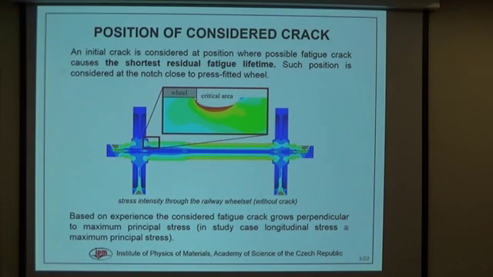This place is situated at the notch near the press-fitted wheel, where there is stress concentration, and additionally there is also additional load due to the press-fitted wheel. We assume that the crack grows perpendicularly to the radial axle axis due to the fact that a fatigue crack grows perpendicularly to the maximal principal stress, and in the case of radial axles, the maximal principal stress is almost the same as the longitudinal stress.